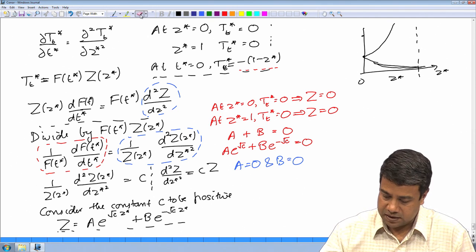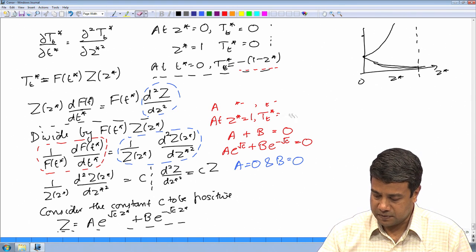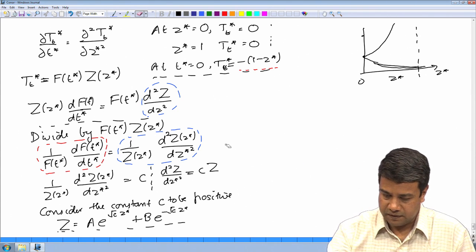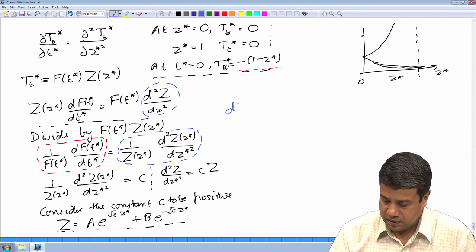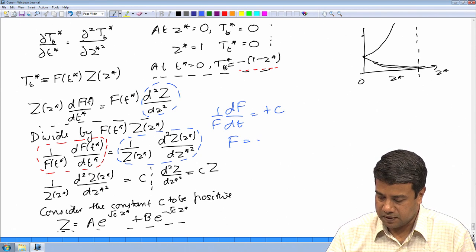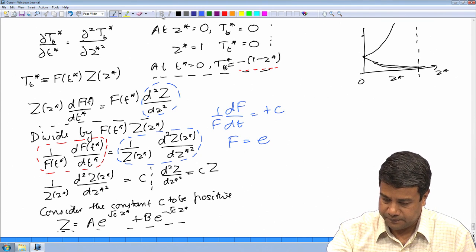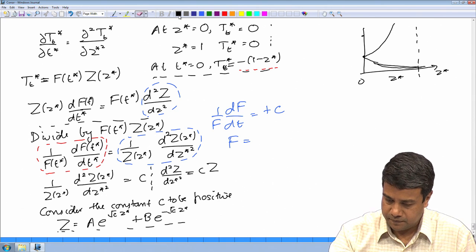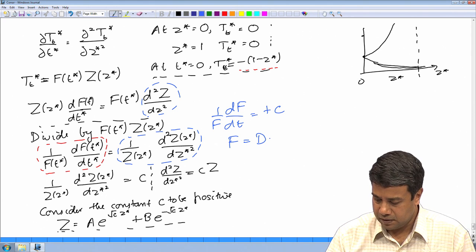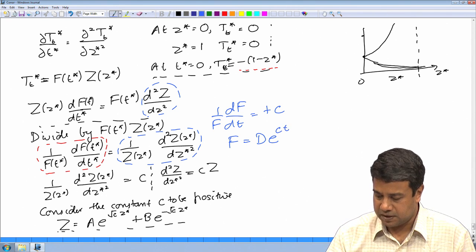The same applies for the function of time as well, because if I have a function of the form df by dt times 1 over f is equal to plus some constant, a positive number, the solution is that f is equal to e power c times t.